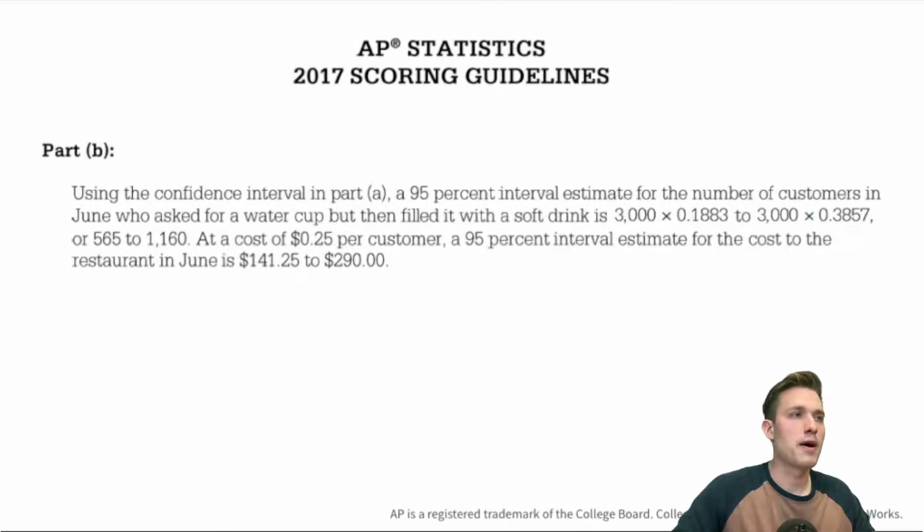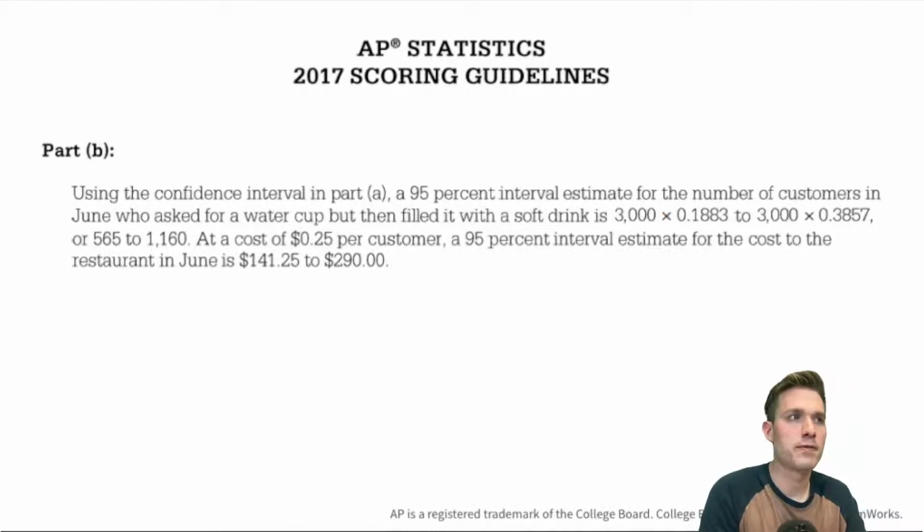And then part B, using that confidence interval, we should find that the 95% interval estimate for the number of customers, if we just multiply by 3,000, which is exactly what we did, is that same interval, 565 to 1,160. Multiplying that by 25 cents gives us that same value, $141.25 to about $290.